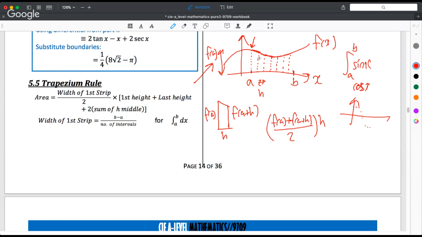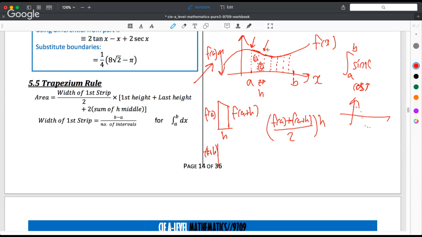So we split this area into loads of little trapezia, and we figured out the area of one of them. Now, to figure out what the whole area is, we need to sum all these trapezia. The first thing to notice is, this is the first trapezium. What's the next one? The next one has side length f of a plus h, because they share a common side. So we just integrated number 1.